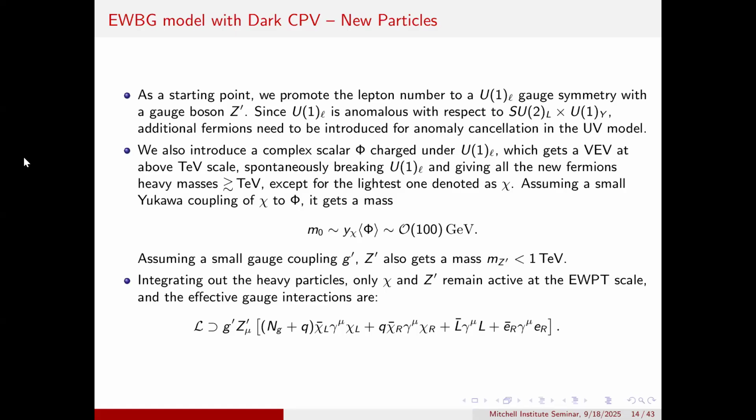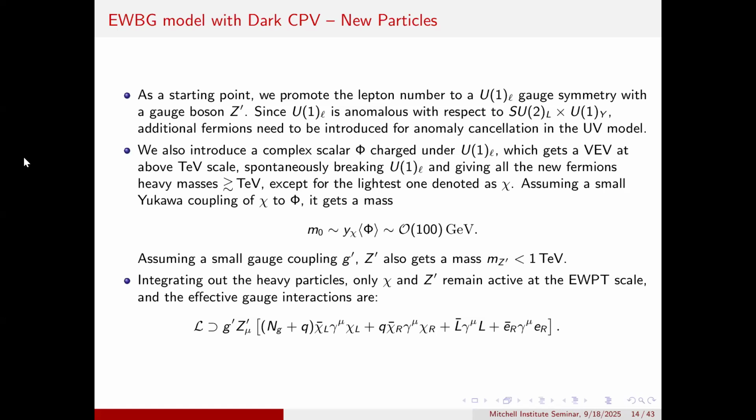We can do that by assigning a very small Yukawa coupling of chi to phi. So it gets a mass of about 100 GeV, which is the scale of the electroweak phase transition. Also, for the gauge boson Z prime, we want it to be active around the electroweak scale. To do that, we assign a very small gauge coupling g prime so that it gets a mass at the 100 GeV scale.